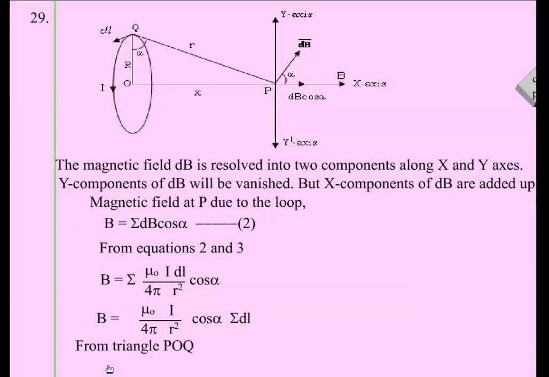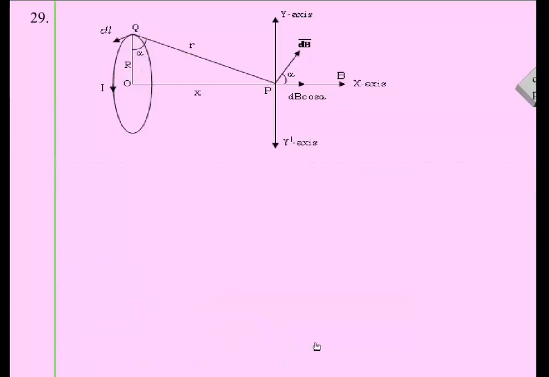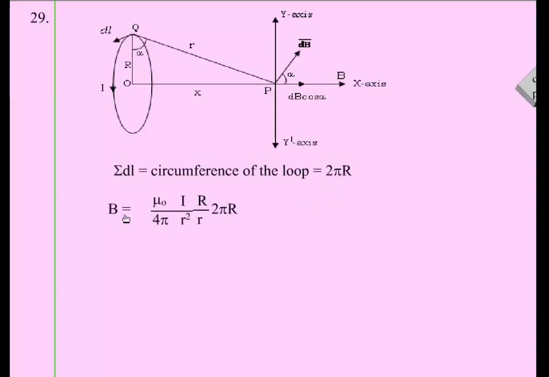So the sum of dl is the circumference, and from the triangle POQ, look here, cos alpha is equal to adjacent divided by hypotenuse, that is capital R by r. So now we get the sum of dl, the summation, is 2 pi R, and now B is equal to mu naught by 4 pi, I by r square, the summation is 2 pi R, and cos alpha is R by r.